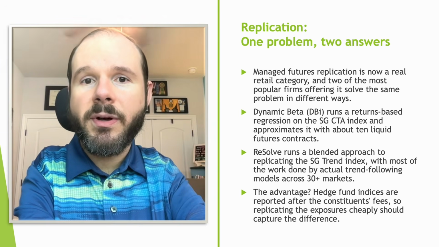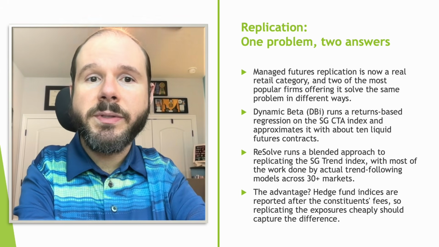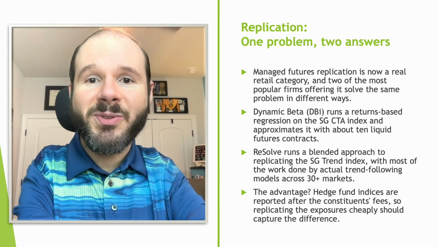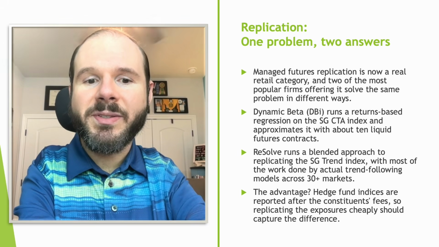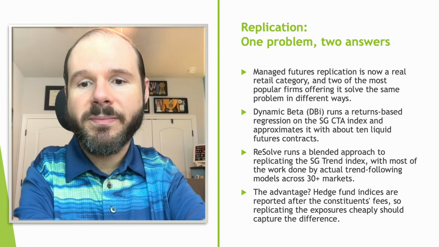And it does this across more than 30 markets. And then 30% it puts into the same method as DBMF, but again, with those 30 plus markets instead of just the top 10 most liquid markets that DBMF uses.